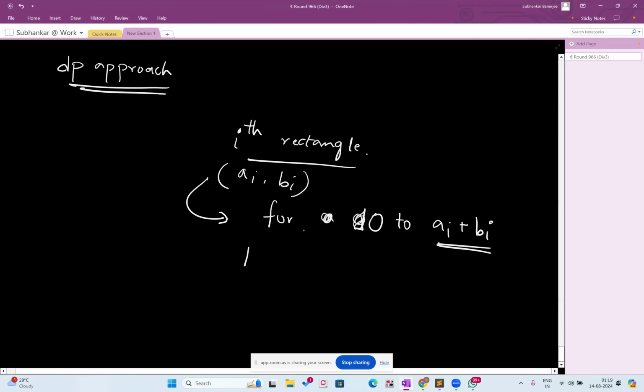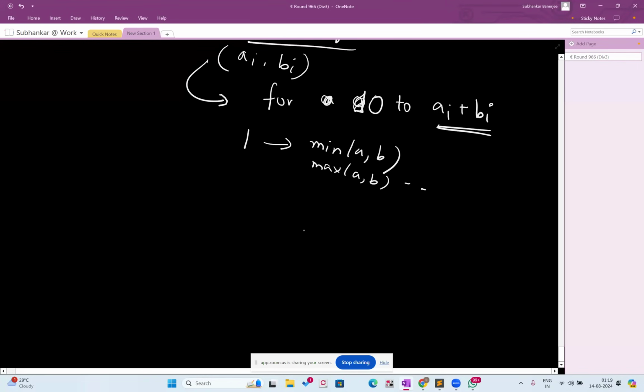Suppose I am taking just one. Then I'll just add the minimum of a comma b and reduce the maximum of a comma b by 1. And for 2, I'll again require the updated minimum of a comma b.